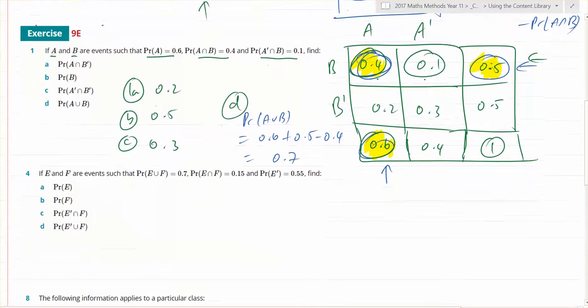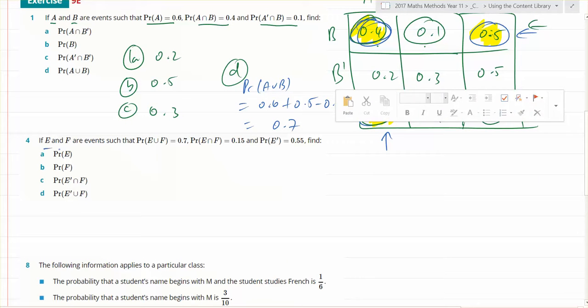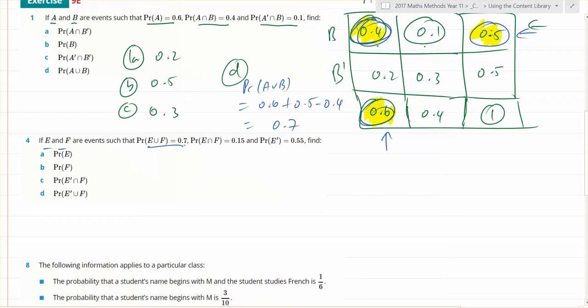Let's go through question 4. If E and F are events such that E union F is 0.7, E intersection F is 0.15, and probability of not E is 0.55, find the probability of each one.